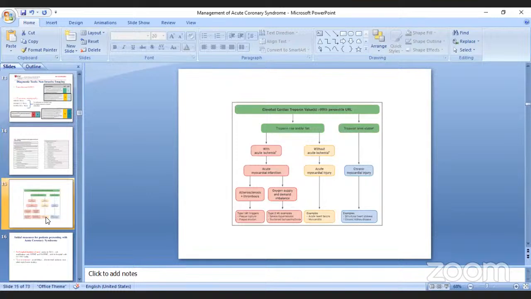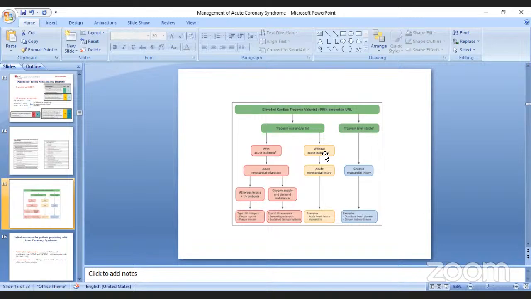So based on this, there's a general algorithm. If you have a patient with raised troponin levels, in case it is more than the 99th percentile upper reference limit, is there an acute rise or fall in the troponin on the serial measurements? If it is there, is it associated with findings suggestive of an acute ischemia? If it is so, then it is suggestive of acute myocardial infarction, which can be either due to a thrombus or because of the imbalance, as type 1 MI or type 2 MI.